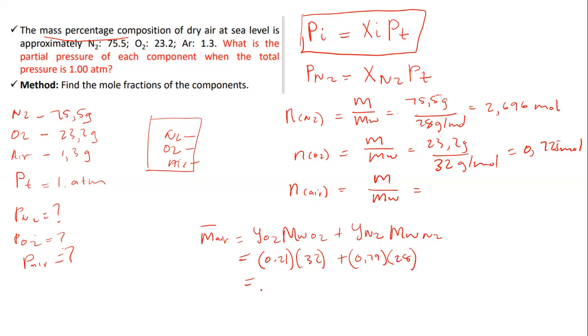And therefore when you punch this on our calculator, you're going to say 0.21 multiplied by 32 plus 0.79 multiplied by 28. We get, I don't know if I did the correct thing here. 0.21 multiplied by 32 plus 0.79 multiplied by 28. How much do I get? Yes, 28.